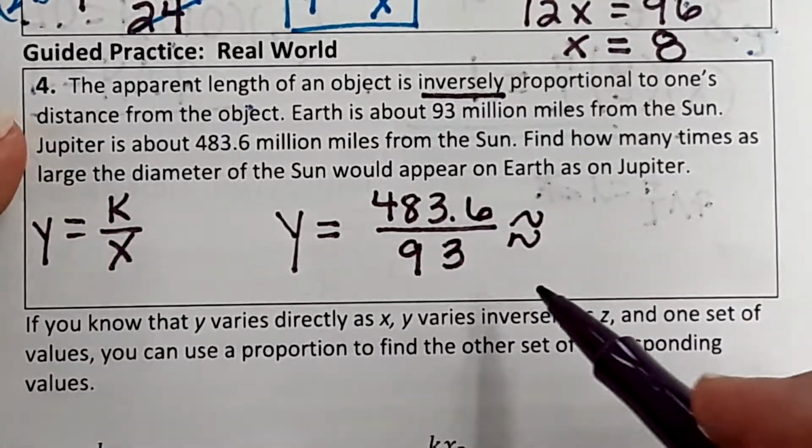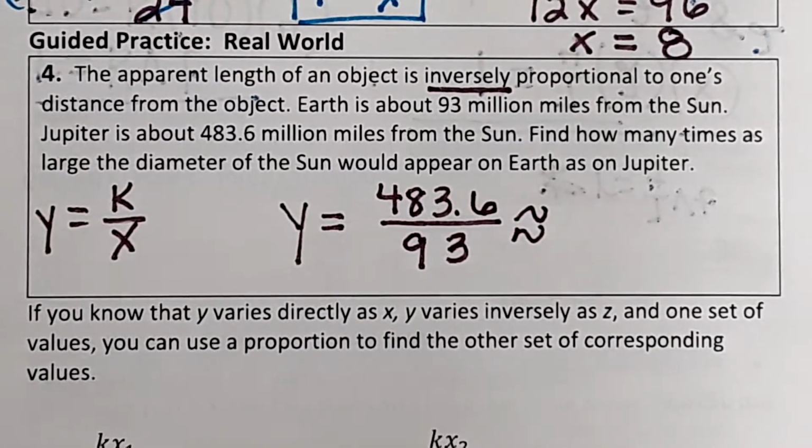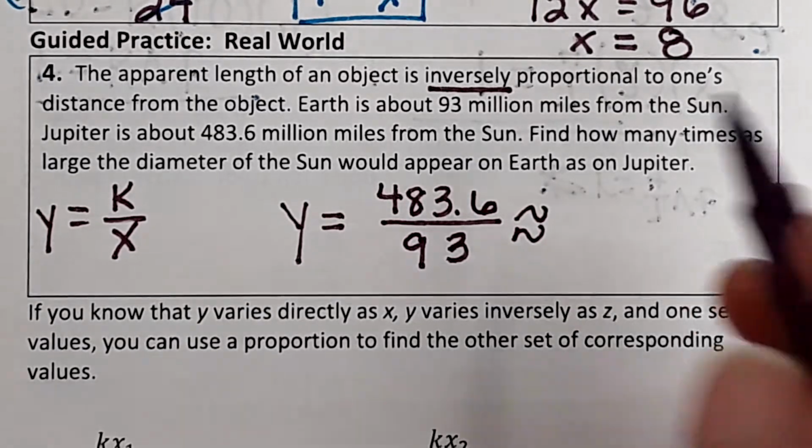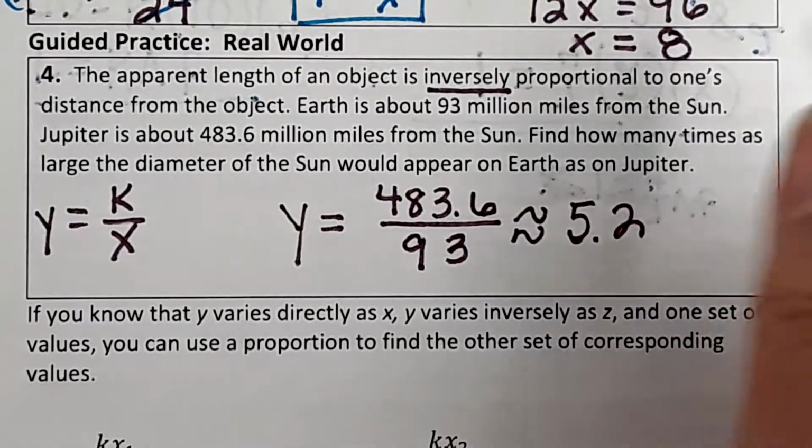Inversely, now, you guys, you started with decimals. So what are you going to be able to end with? Decimals. So what do you get? 5.2, and it would be million.